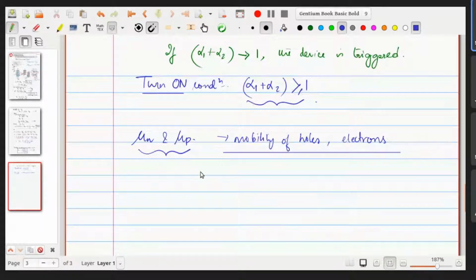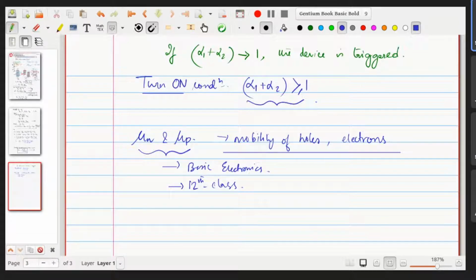Some of you have studied this in your basic electronics course, and all of you have studied it in class 12 modern physics. Mu n and mu p.